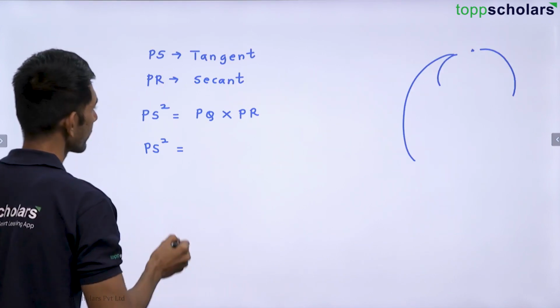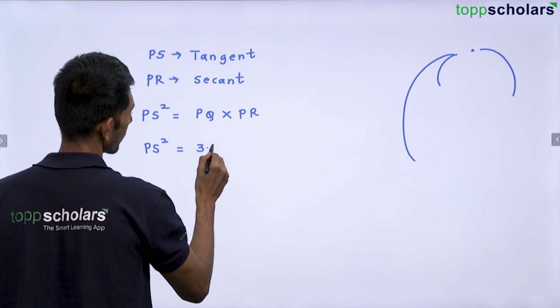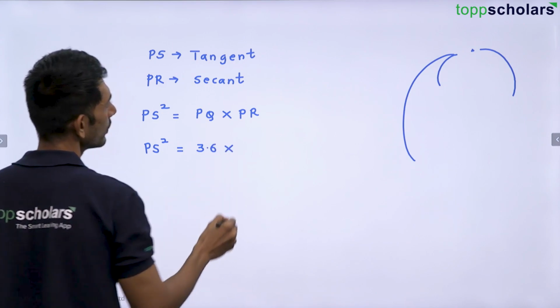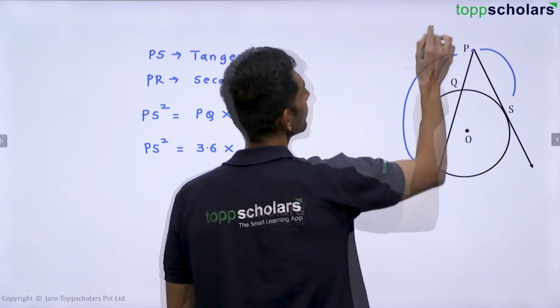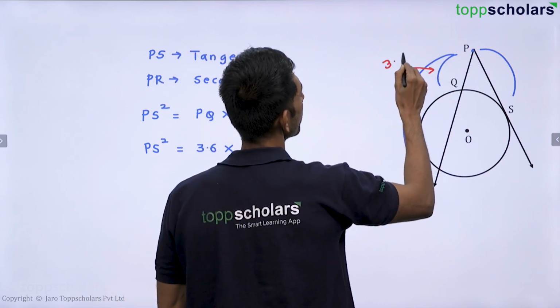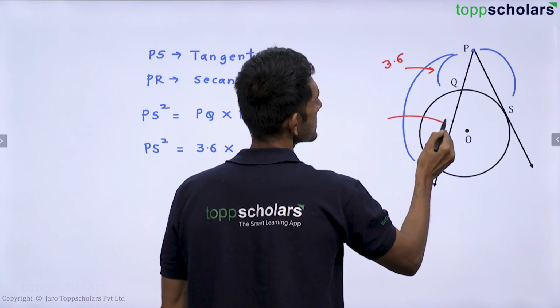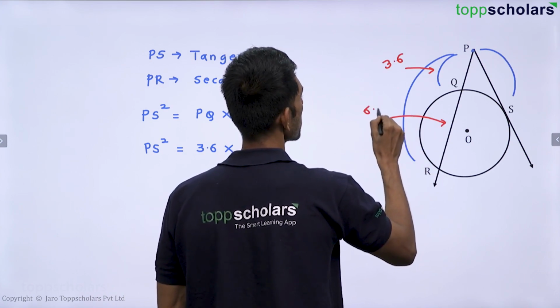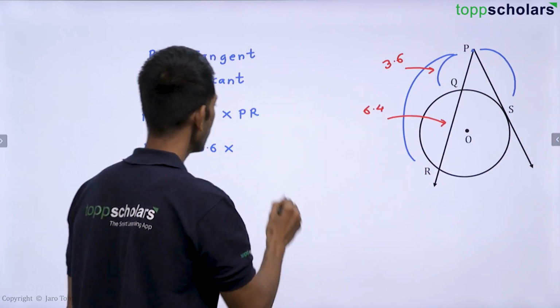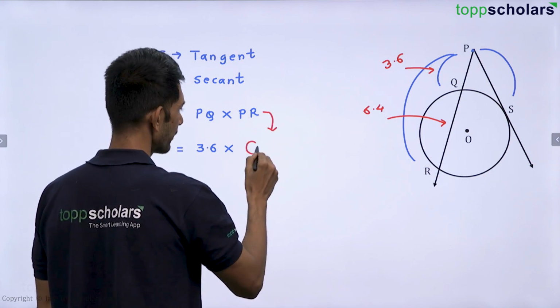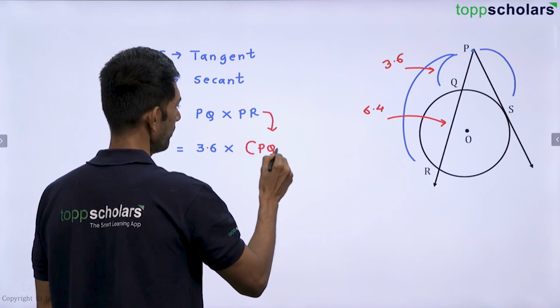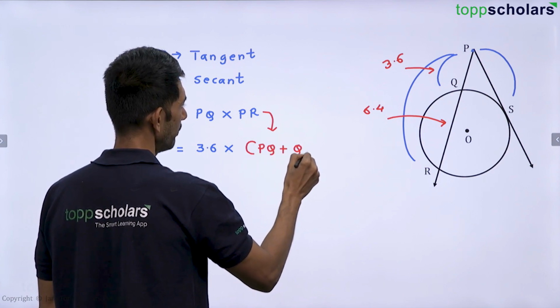PQ is 3.6 into, now let's talk about PR. This PQ is 3.6. This part is 6.4. So can I write down PR as PQ plus QR?